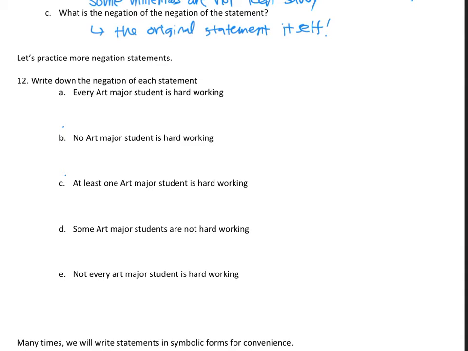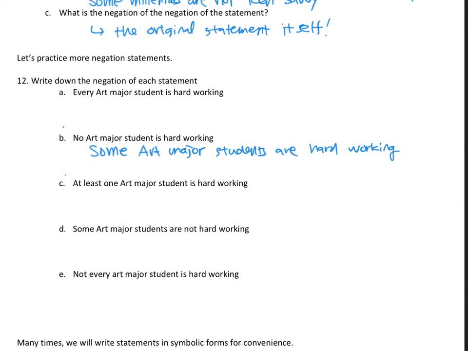So I'm going to say some. So at least one is basically some, right? Some art major students are hardworking, right? So that's the negation of nobody, meaning there are some people who have that property.